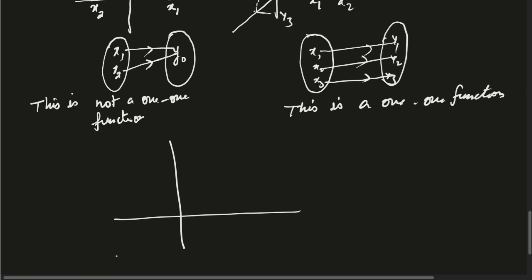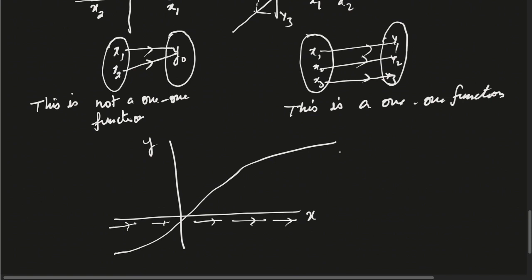So let us say that this is a function. You can see that as we increase x, y also increases. With an increase in x, there will always be an increase in y. So this is a strictly increasing function.